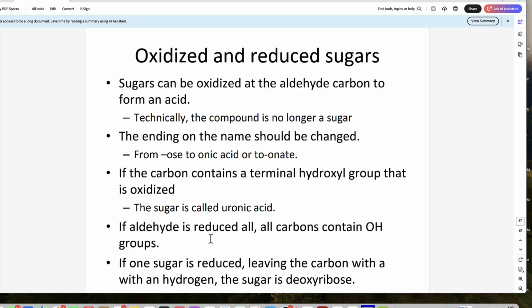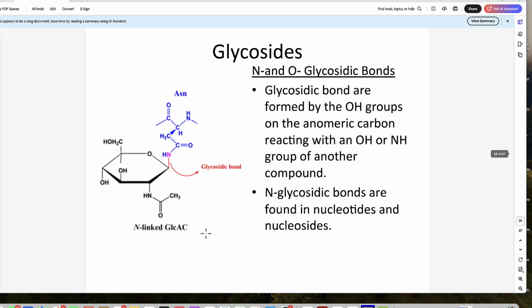Deoxyribose, right? Nucleic acid, DNA. Remember, on the ribose, the sugar in DNA, attached to that phosphate group, you have that second carbon. That second carbon does not have an oxygen attached. It just has a hydrogen. And so that's where deoxy comes from, without oxygen.